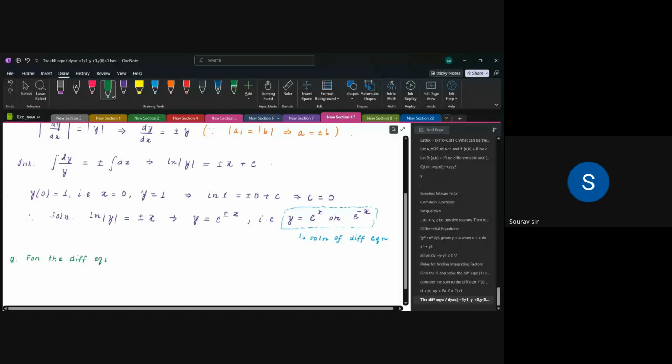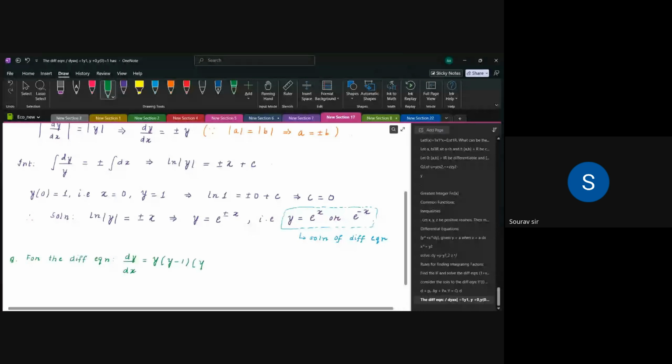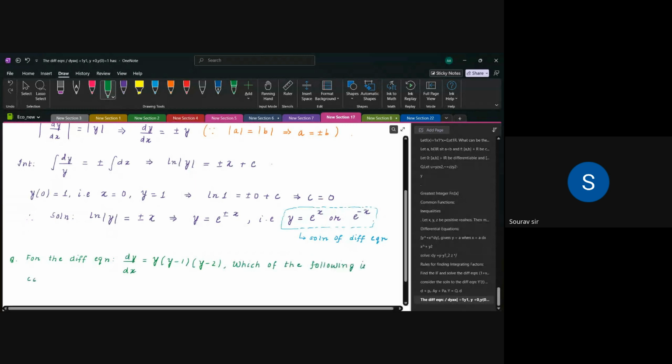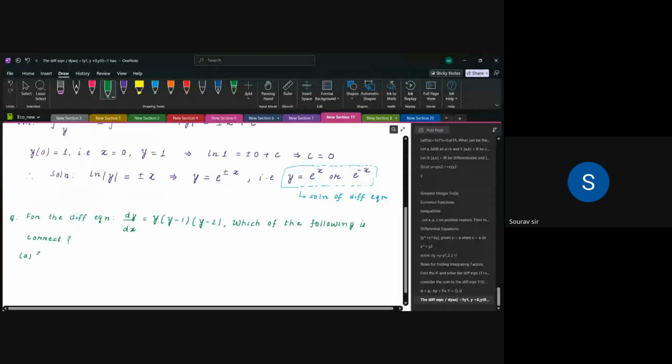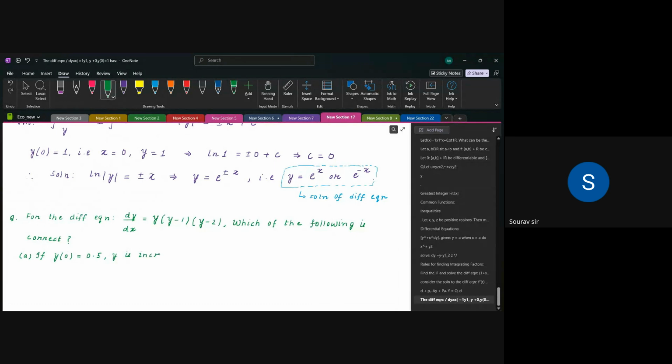For the differential equation dy/dx equals y into (y minus 1) into (y minus 2), which of the following is correct? Option A, if y(0) equals 0.5, y is increasing.